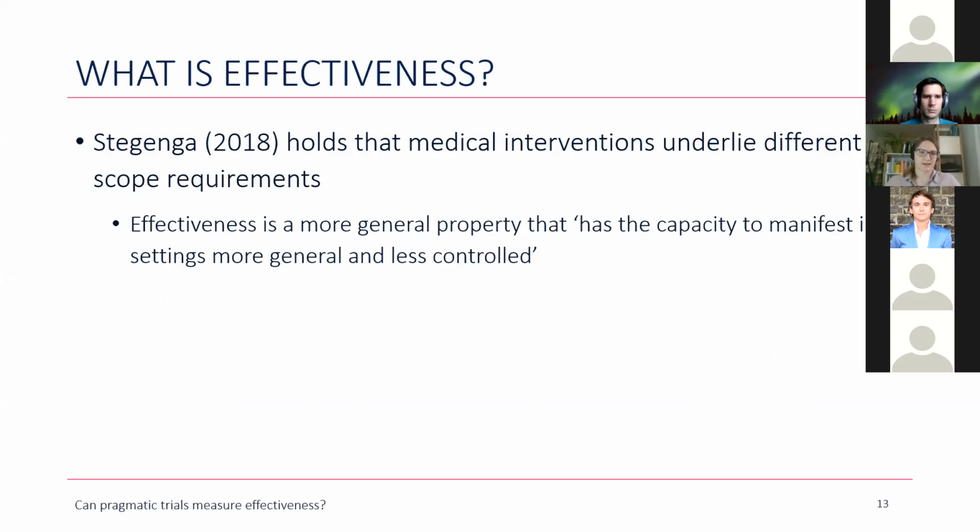We can look at effectiveness from a slightly different perspective. Jacob Segenga has proposed as well that medical interventions underlie different scope requirements. And he says that it's a usual way of thinking about these terms that effectiveness is a more general property that has the capacity to manifest in settings more general and less controlled as compared with efficacy.